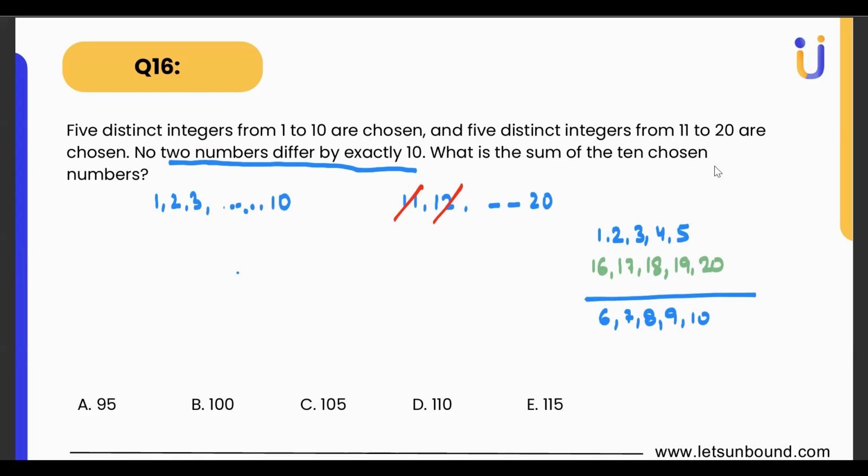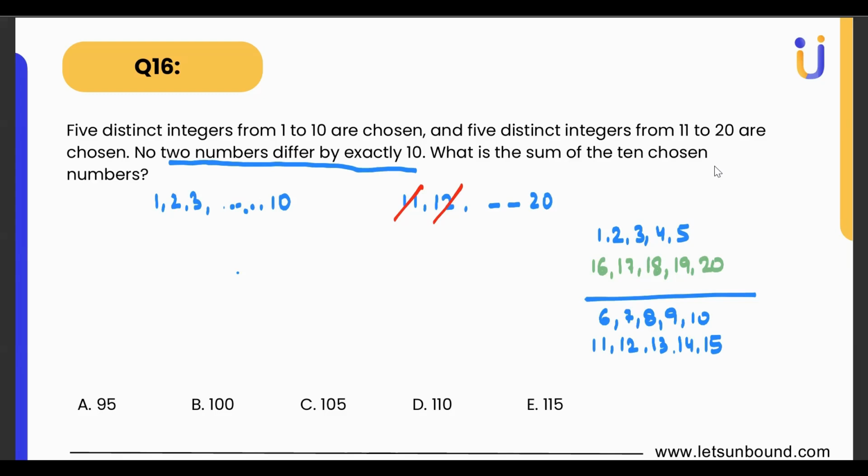So I'll have to pick the first 5, that is 11, 12, 13, 14, 15. Now, you might ask whether the above one or the below one is the answer. Both are correct because both satisfy the criteria given in the question.